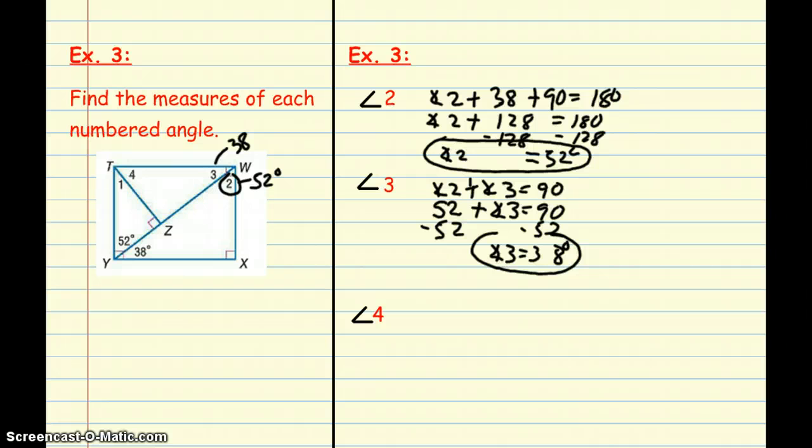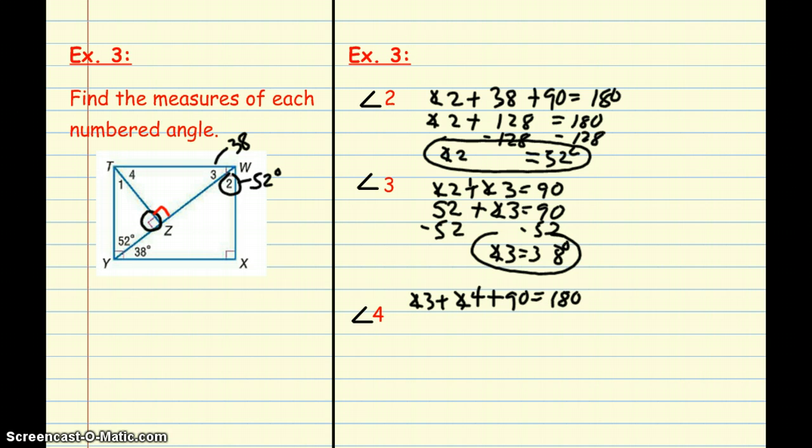Over here, angle TZY is a right angle, so that makes this angle right next to it also a right angle because they form a straight line. And so then we have the fact that angle 3 plus angle 4 plus that 90-degree angle has to add up to 180 degrees.